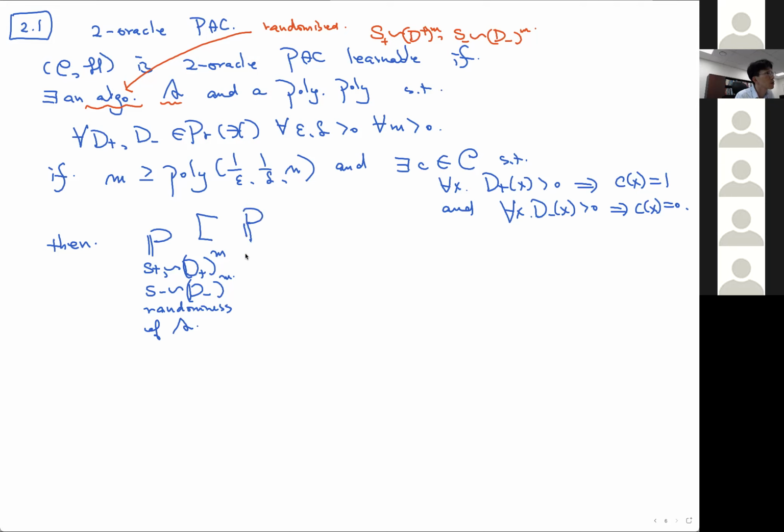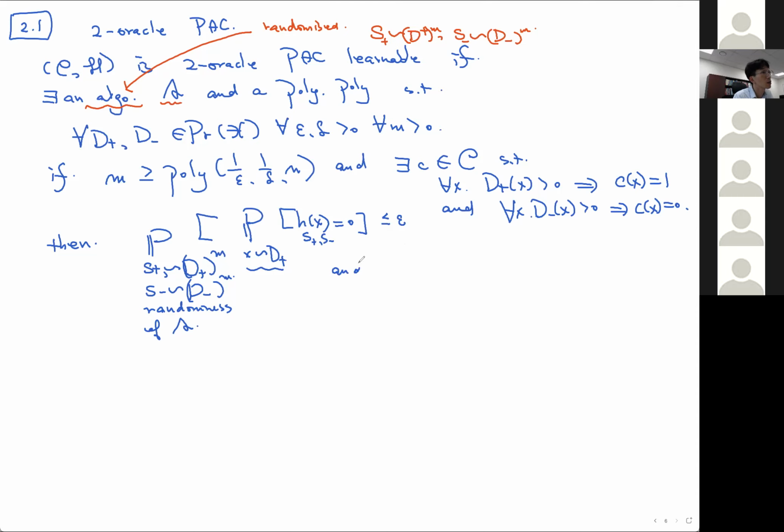is that the outcome of the algorithm has error. It's a bit confusing, and it takes time for me to explain the problem, but for the plus case, h of x is equal to 0. This means that for the positive case, the probability that the output of the algorithm makes a mistake is bounded by epsilon.